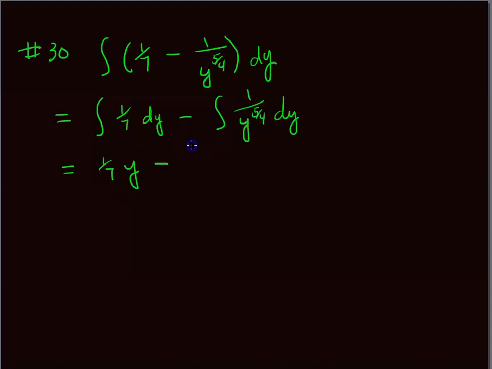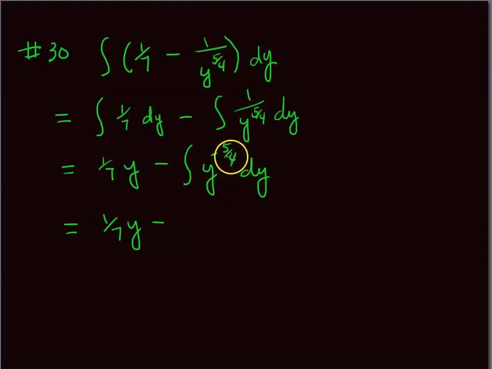Now, I'm going to take a couple steps for this, since I need 4 steps anyway. y to the negative 5/4 dy. And then I can think of that a little differently. So, what do I need to do for things like this?